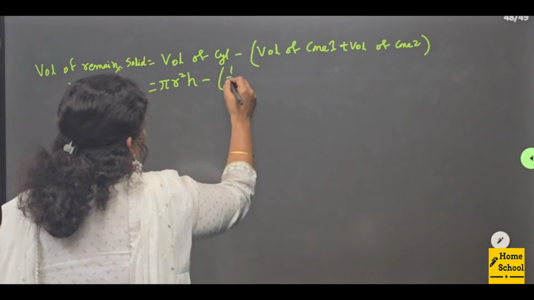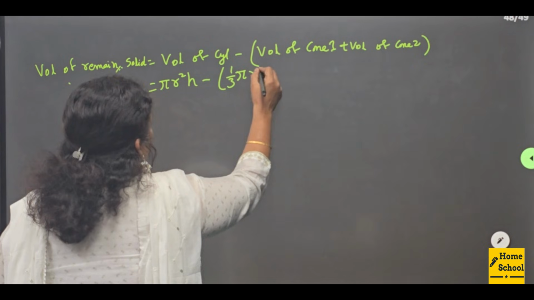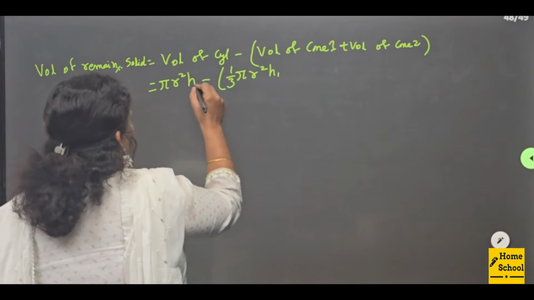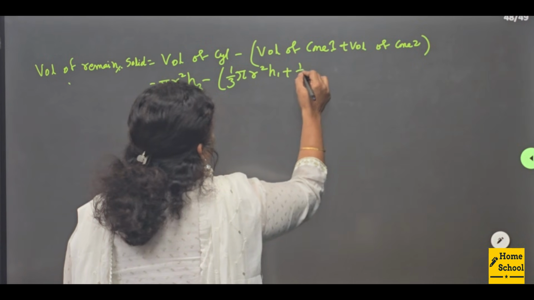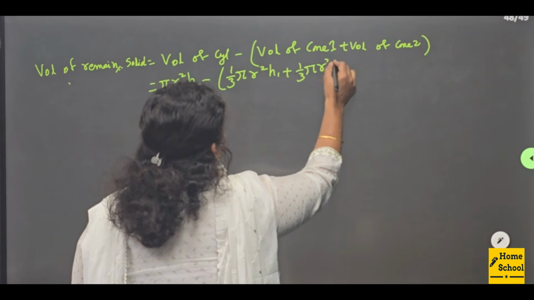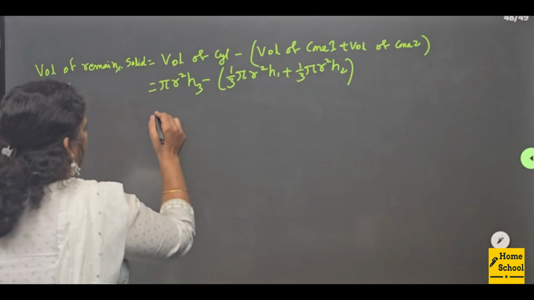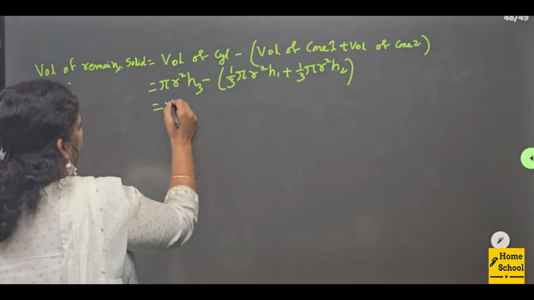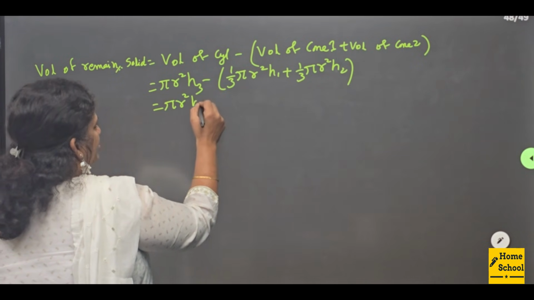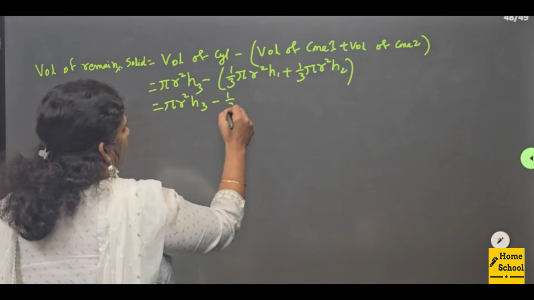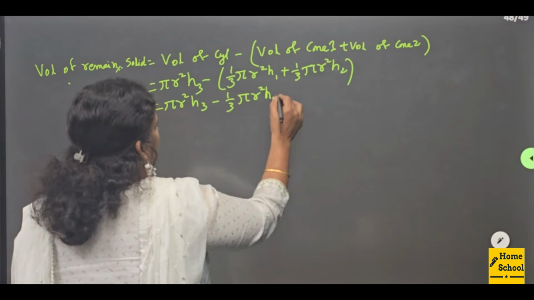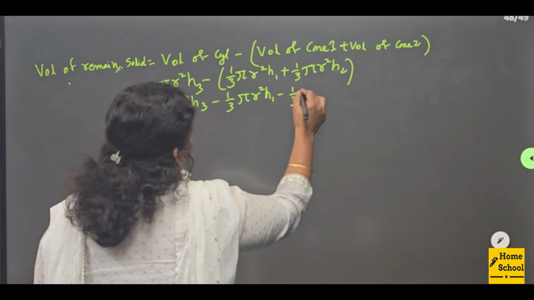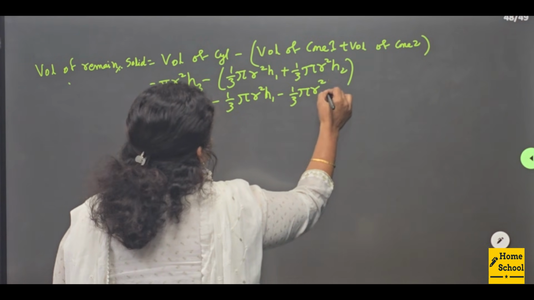Volume of a cone is 1/3 πr²h1, plus 1/3 πr²h2. Remove that bracket: πr²h3 minus 1/3 πr²h1 minus 1/3 πr²h2.